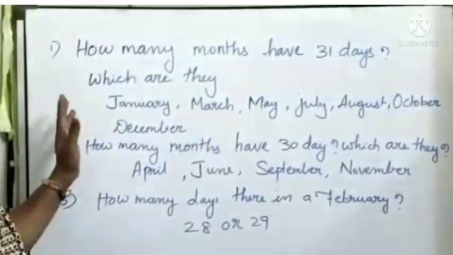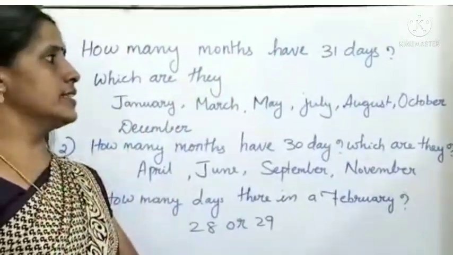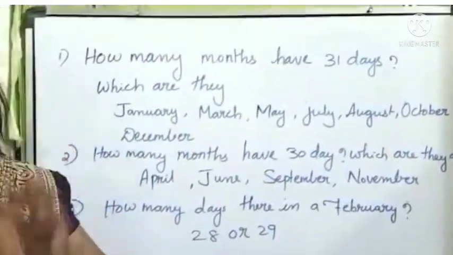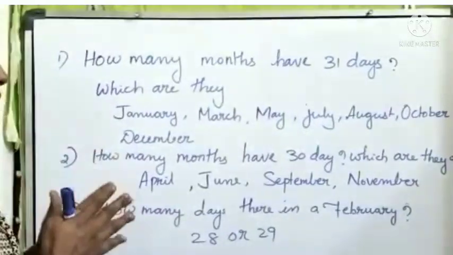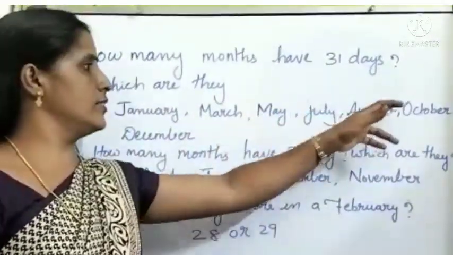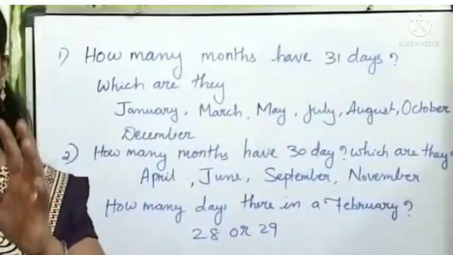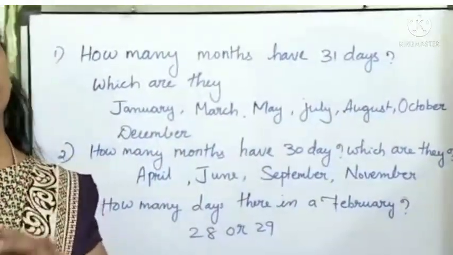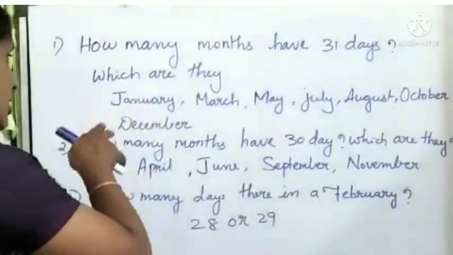The first question: how many months have 31 days? How many months? 1, 2, 3, 4, 5, 6, 7. 7 months have 31 days. Which are they?